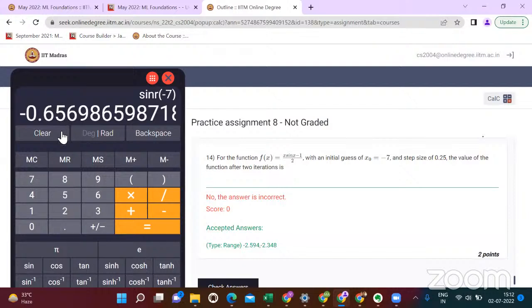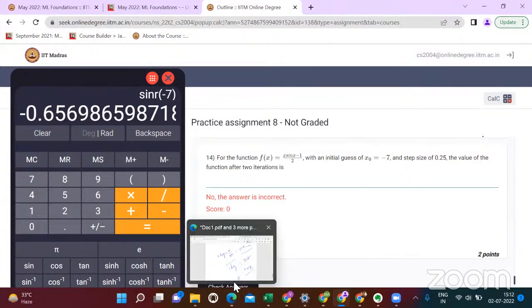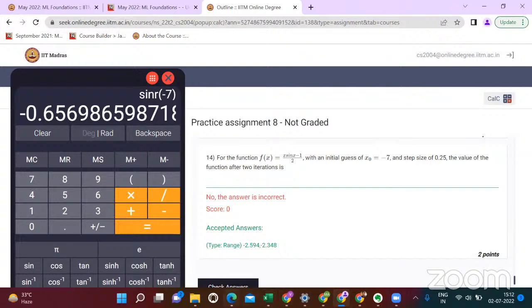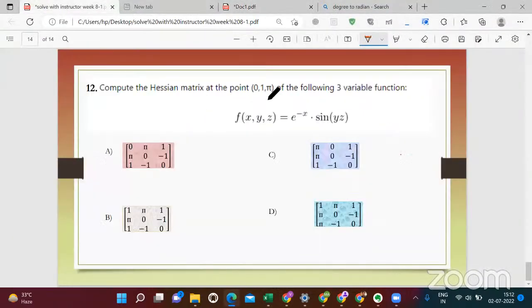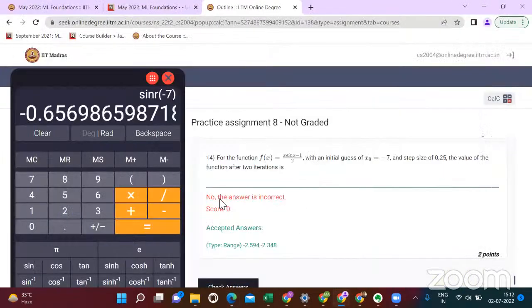Can you show the other question again? What is the point at which we are doing this? The point is 0, 1, pi. So you are saying this value should be positive?